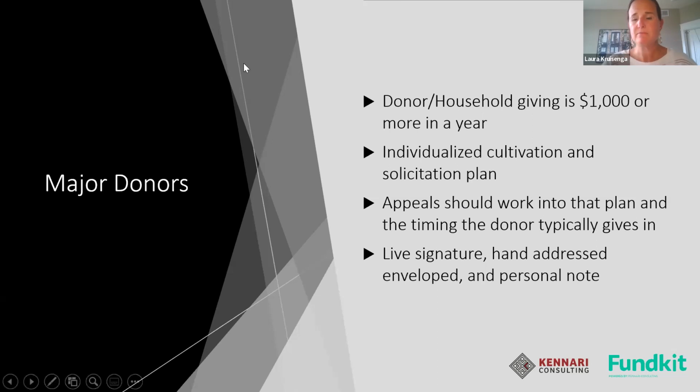We also really believe firmly that your major donors should have individualized cultivation and solicitation plans. Not all donors give the same way at the same time or are excited about the same thing. And if you're going to really be individualized, the place to do it is with your major donors. So you want to map out your donors and who you have at that $1,000 or more mark.